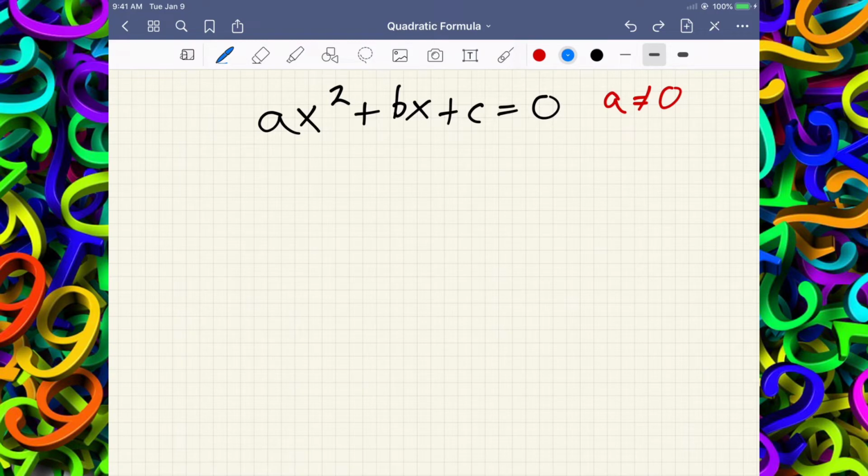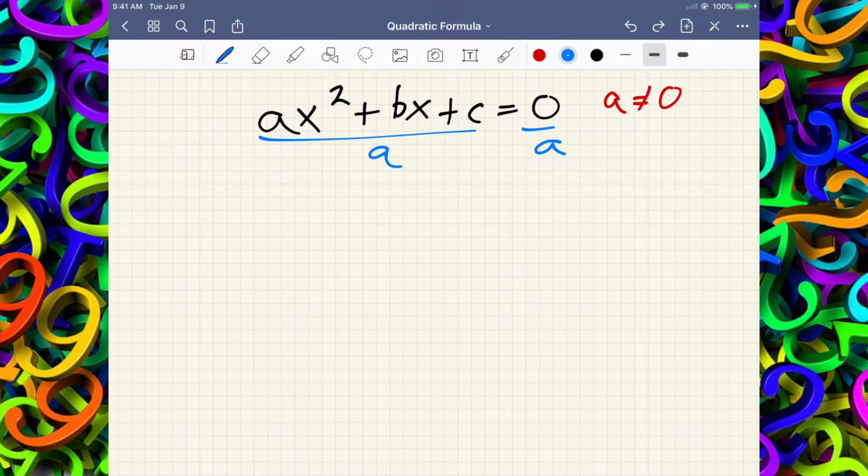A, b, and c are just some real numbers, some coefficients, and c being the constant. So the first thing we're going to do to find what x equals in this equation is divide both sides by a. What that'll do for us is get rid of this leading coefficient off the x squared and start to simplify our problem a bit.